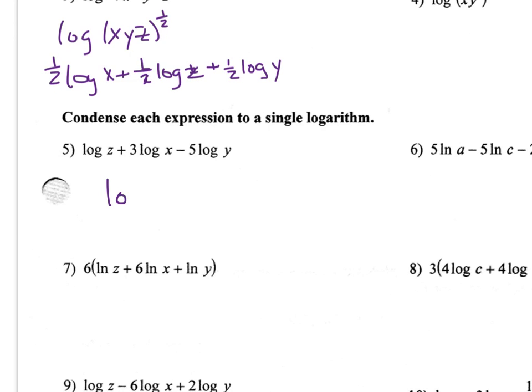So condensing logs, they all go together. Z, x to the 3rd. Okay, and then this y to the 5th, this is a minus sign, so y to the 5th goes on the bottom. That's a 5.